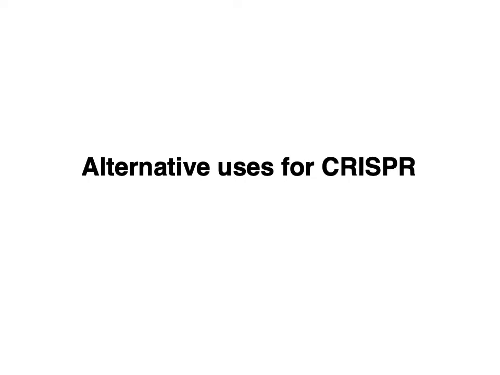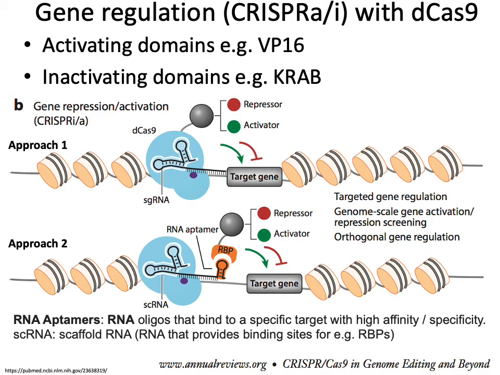And so we'll just briefly mention alternative uses of CRISPR beyond genome editing. Outside of genome editing, one of the most common applications of the CRISPR-Cas9 system is to activate or inactivate gene expression of a target gene. The idea is that if you take a Cas9 complex and mutate the 2 nuclease domains so that they're inactivated, Cas9 can no longer make the double-stranded DNA break.